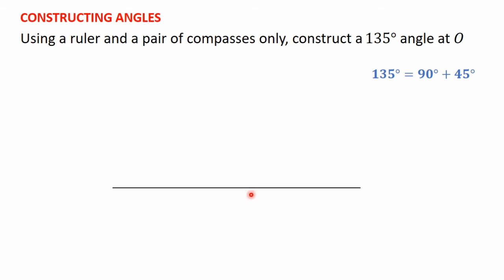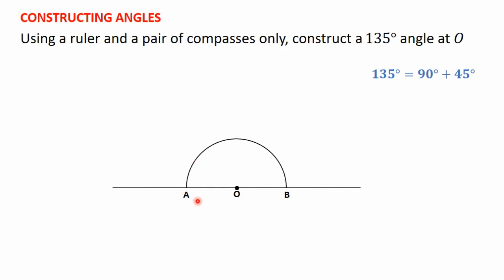Let's say that this is the line and this is point O which falls on the line. With point O as the center, we open the compass to a reasonable radius and draw a semicircle on the line. Let's call this point point A and this point point B. We know that the angle formed by the semicircle is 180 degrees.